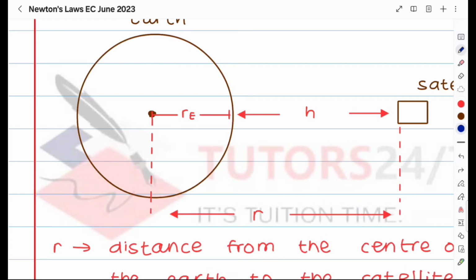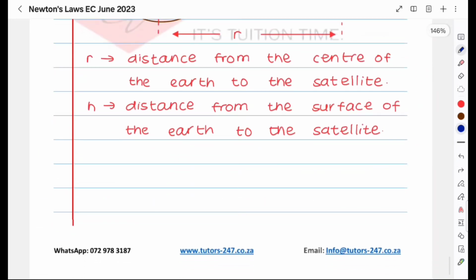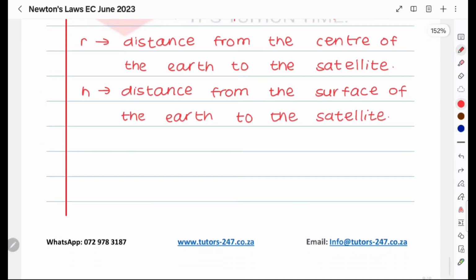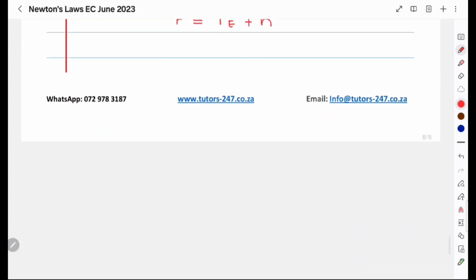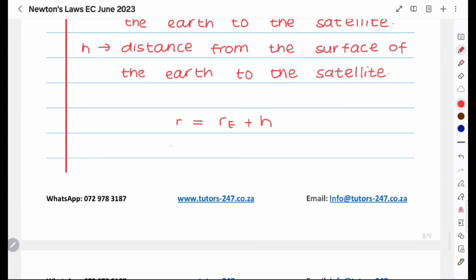So all we're going to do is solve for h from there. So we know that R is equal to the radius of the Earth plus h. If we want to solve for h, that is going to be equal to r minus the radius of the Earth. So that is it.